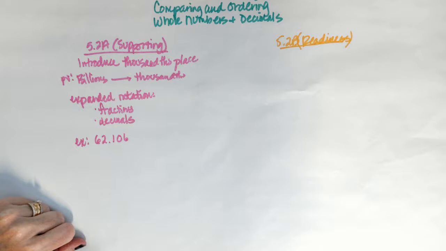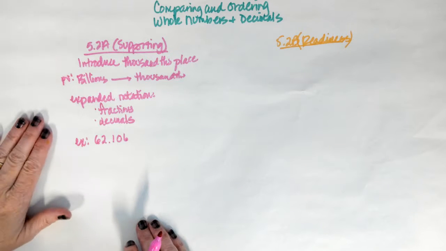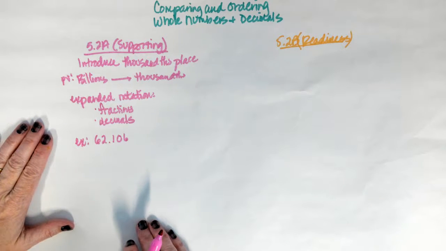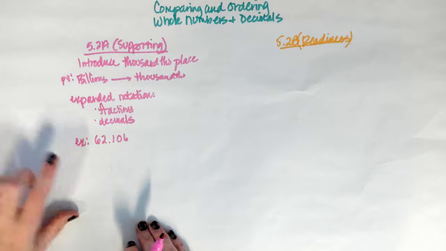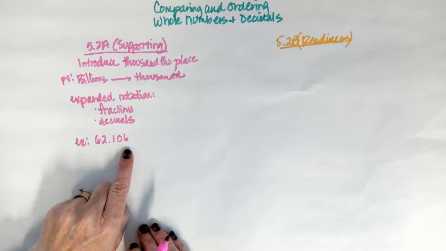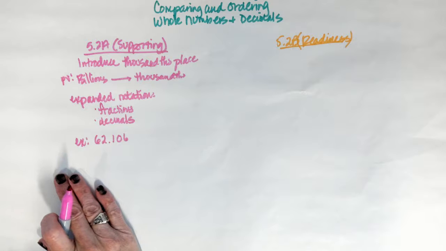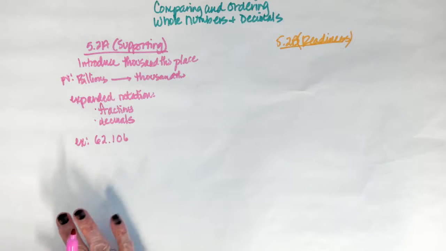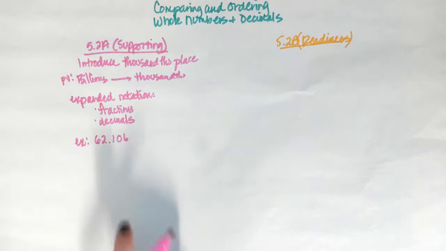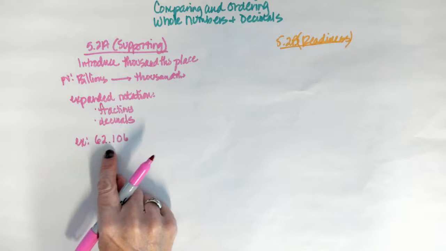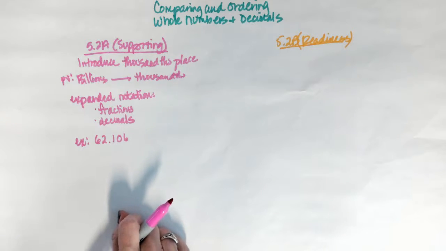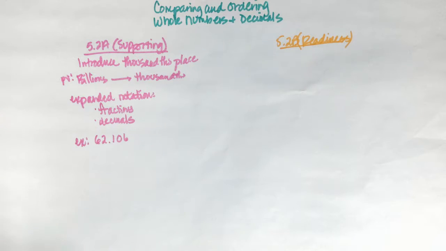So we're going to make sure in this standard, this is the very beginning of the year, that we are reading numbers correctly and students are reading numbers correctly, because that lays the foundation for our year and our expectations. We're not going to let students say 62.106. We aren't going to say point anything.